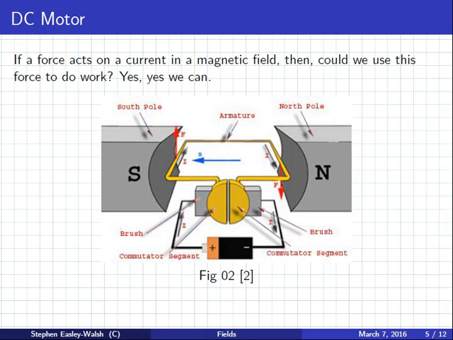Where's the blue one? Magnetic field. Yep.